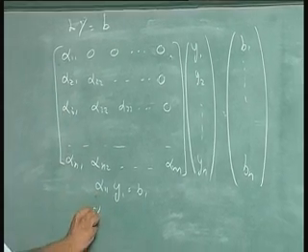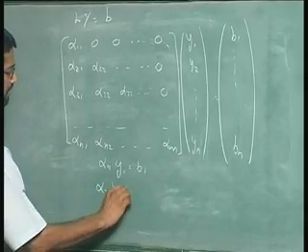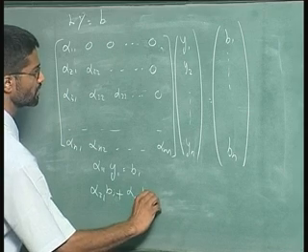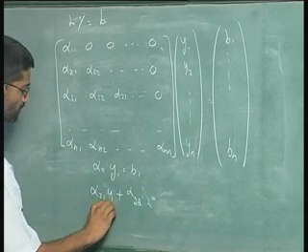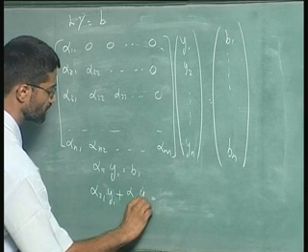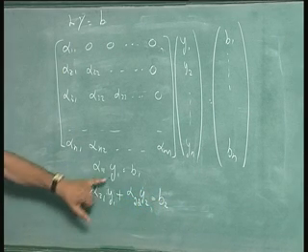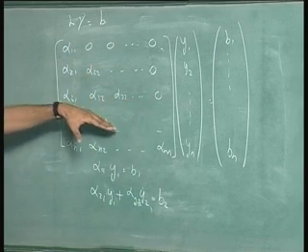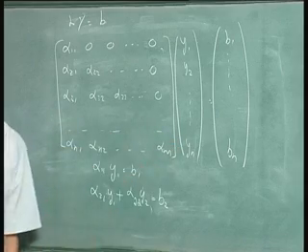The next equation is alpha 2 1 y1 plus alpha 2 2 y2 equal to b2. Since I now know y1, I can get y2, and so on. By forward substitution I can very easily solve for y1, y2, y3, up to yn.